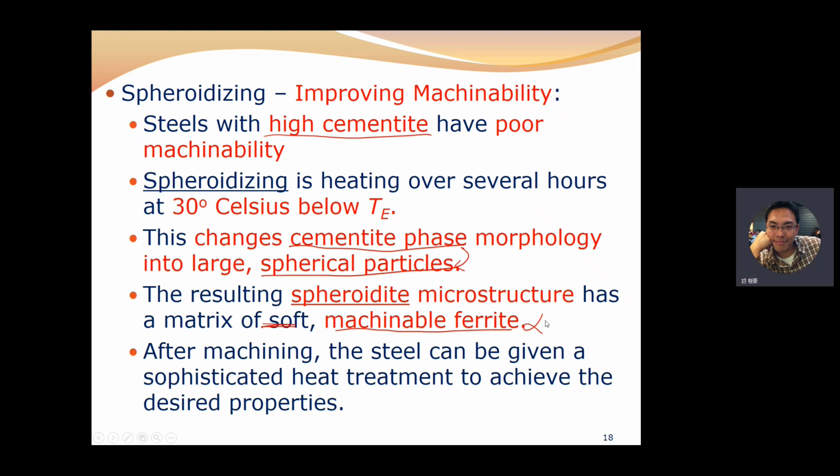Therefore, we can spheroidize this alloy to make it machinable, and after machining, we can apply a different heat treatment to achieve the desired property.